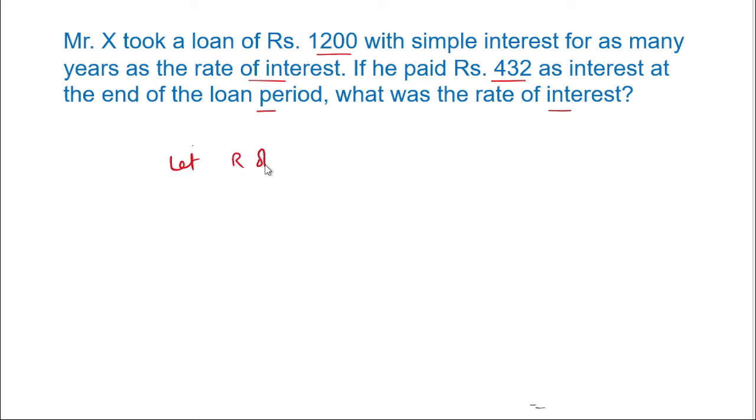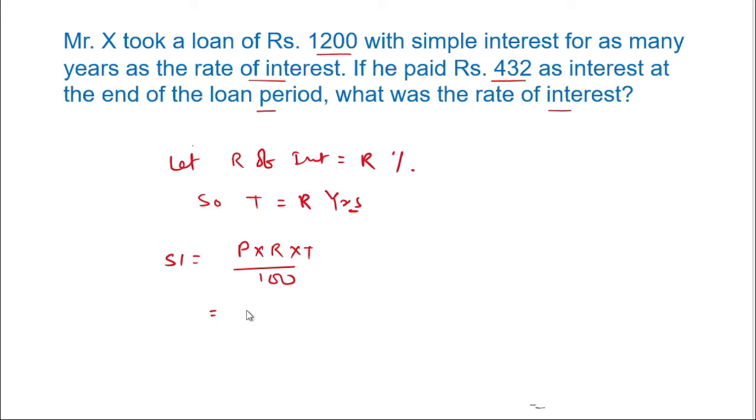the rate of interest be r percent, so the time will also be r years. So we know the formula of simple interest, that is principal multiplied by rate of interest and time divided by 100.